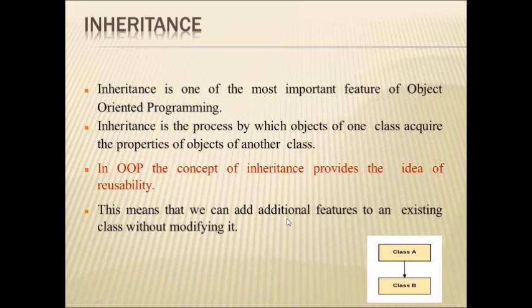And what is the advantage of inheritance? The advantage of inheritance is the reusability concept. What does reusability mean? You can inherit some properties from the existing class and add some additional features without modifying it. That is the concept of reusability.